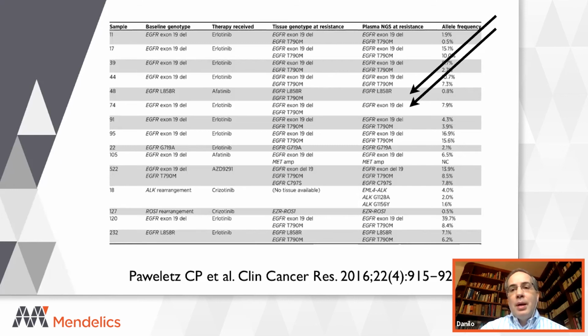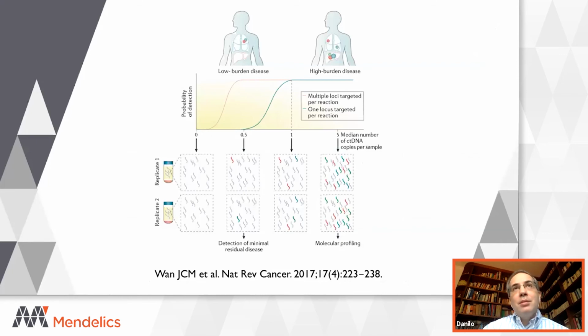So sometimes you have a difference between the tissue itself and the plasma sample you can obtain. And maybe this is because with a low burden disease, you have a lower probability of finding this DNA circulating, and with a high burden disease, you have a higher probability of finding this DNA circulating. So this can be associated with the disease itself.